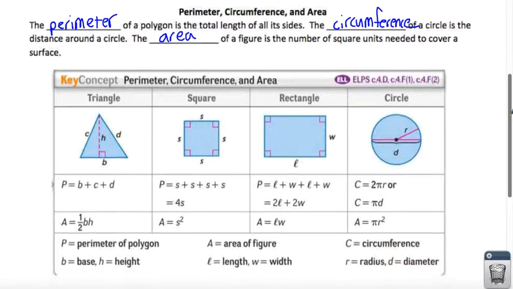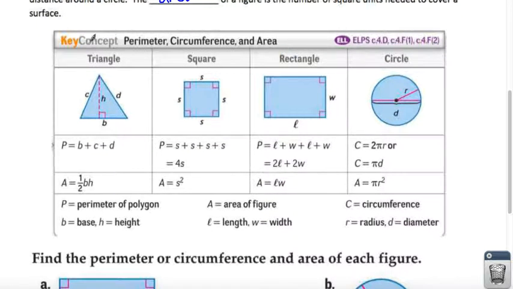So we have some perimeter, circumference, and area formulas that you've seen many times before, I'm sure. Notice that perimeter for triangle, square, rectangle, it's really just add up the sides, right? So I have people that sometimes forget perimeter formulas, but as long as you remember, you're just adding up the length of the sides.